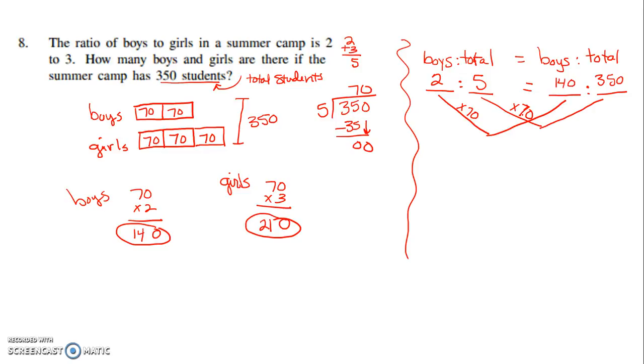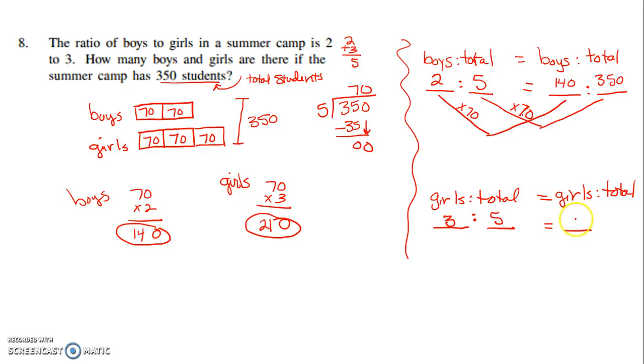It's just important that you remember the comparison you need if you're doing to total students would be boys to total. Girls would happen the same way. You would do girls to total, and you would know 3 girls to a total of 5 parts. 3 out of every 5 parts would represent the girls.